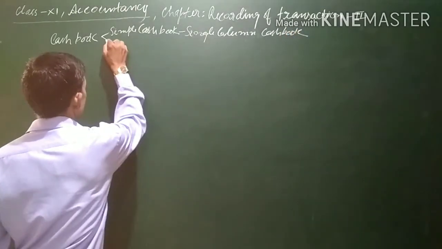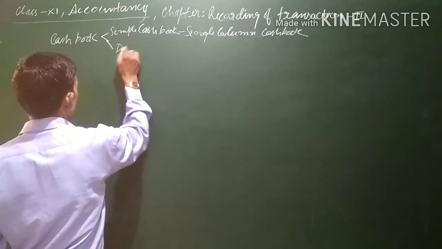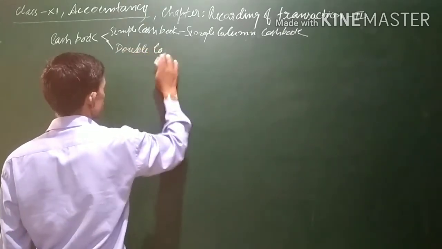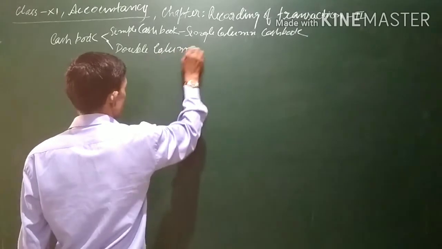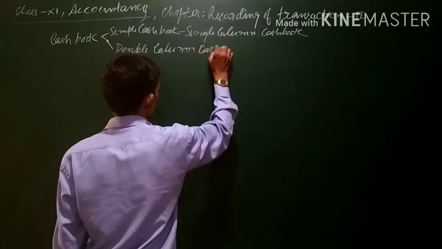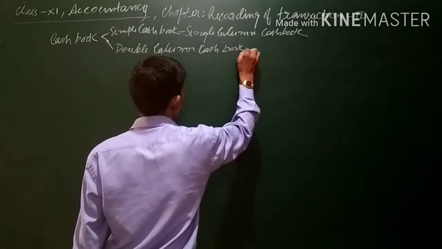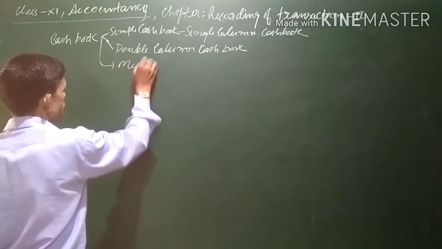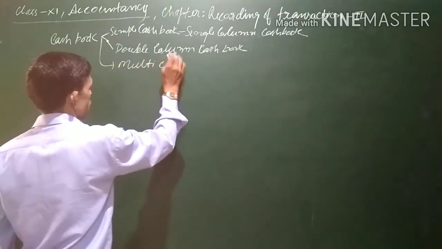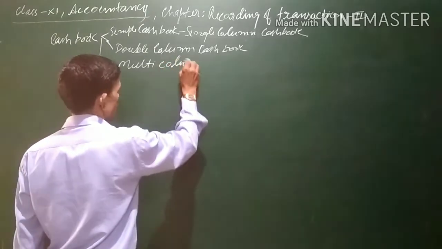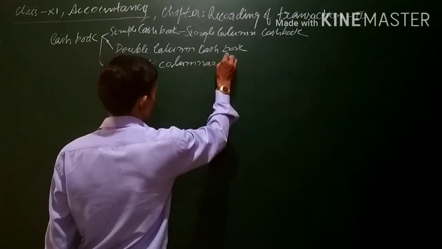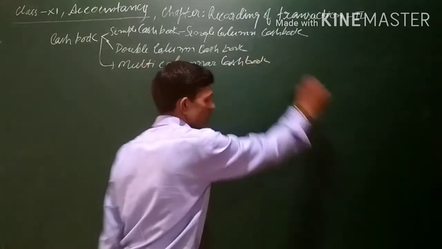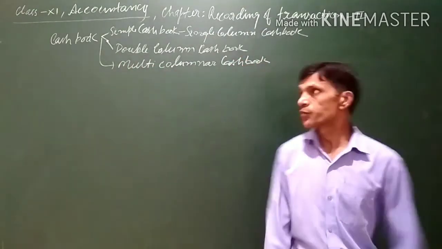Similarly, there is double column cash book. And there can be one more way that is known as multi-columnar cash book. Means there will be more than 3 columns.